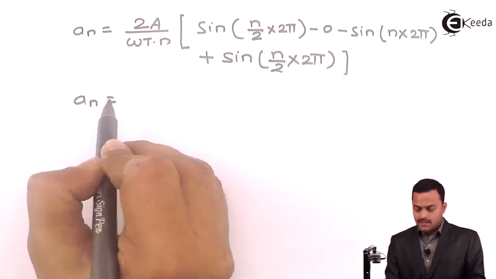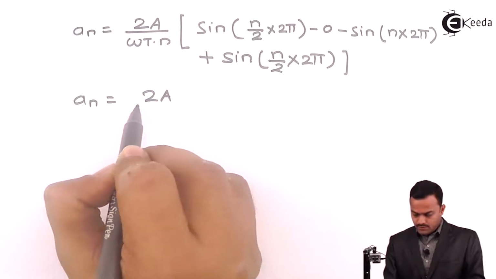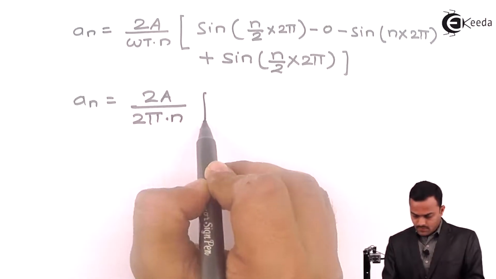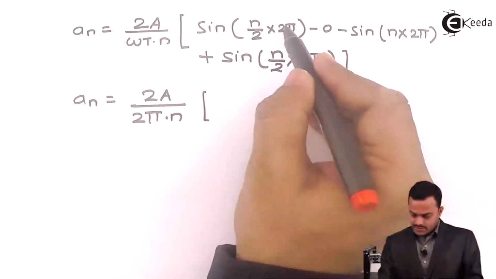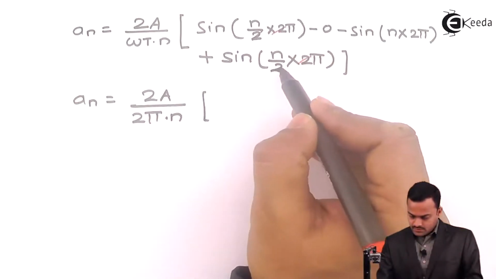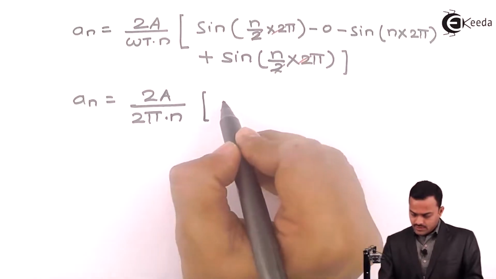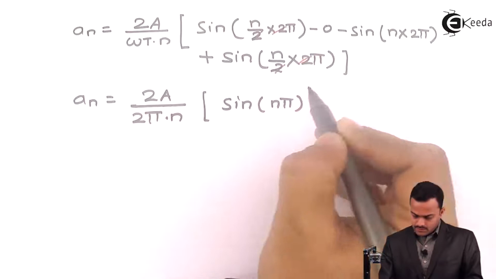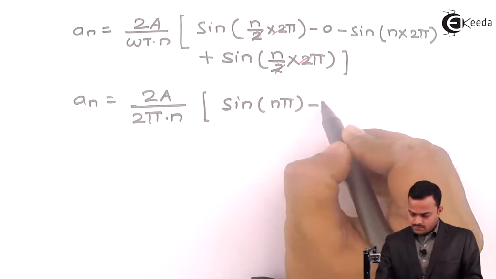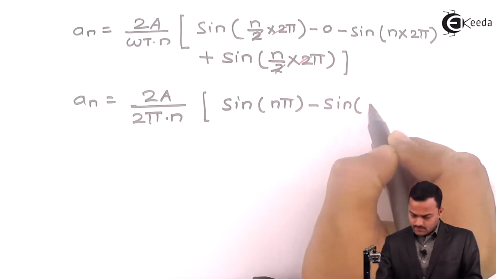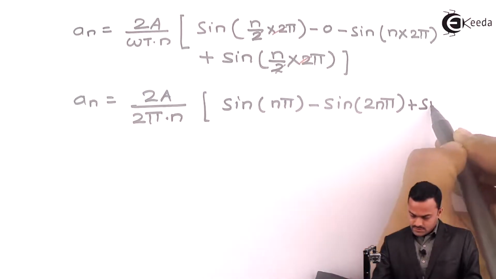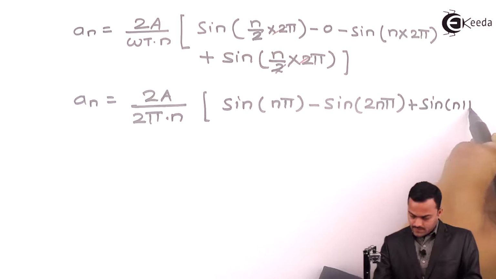So I will get an as 2A, omega T is 2 pi. Simplify means I can cancel 2 over here and here, so that in the end we will get sine n pi minus 0 minus sine 2n pi plus sine n pi.